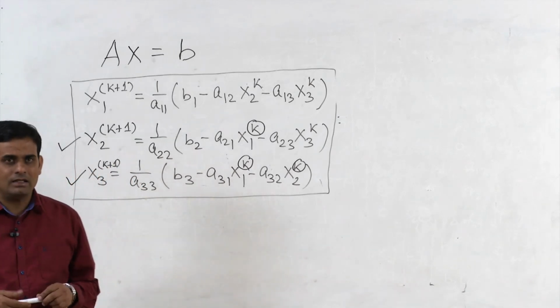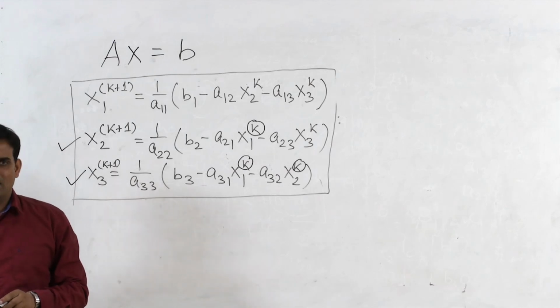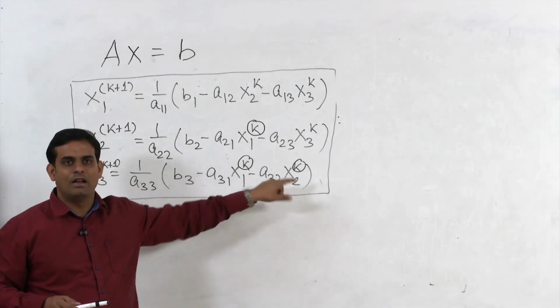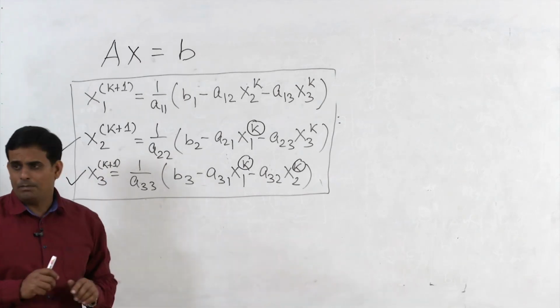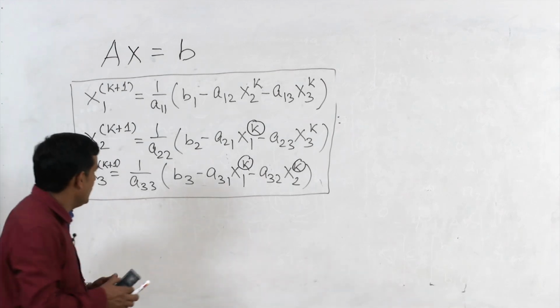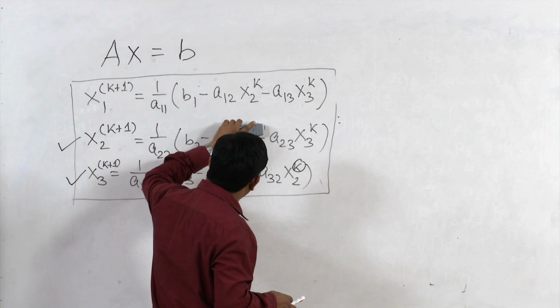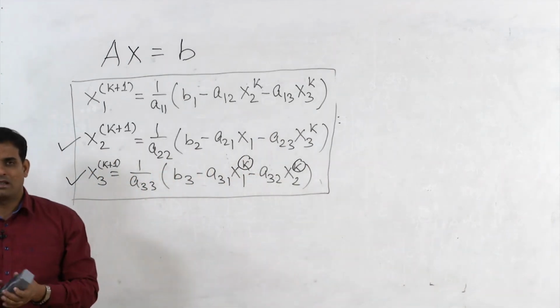Similarly, if you see the third equation, both the values of x1 and x2 are available to us from the current iteration, that is at the k plus 1 iteration from the first two equations, but we are still using the values obtained in the previous iteration. If I modify these to use the values of the current iteration, then I can have a bit faster convergence.